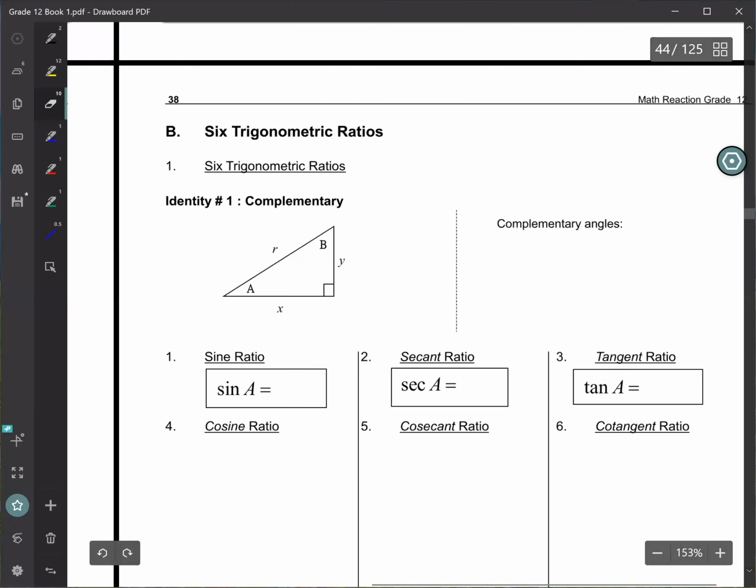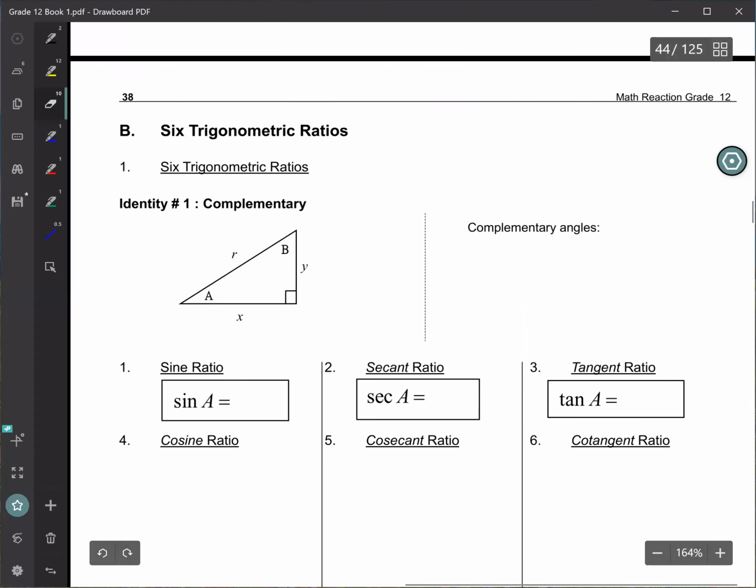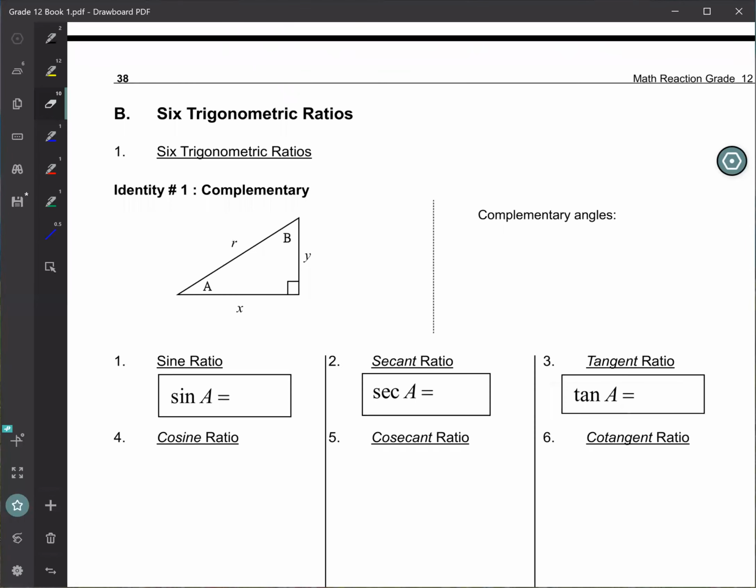So let's start with the first identity. Identity means a rule. The rule is called complementary. Does anybody know what complementary angle means? What is complementary angle?